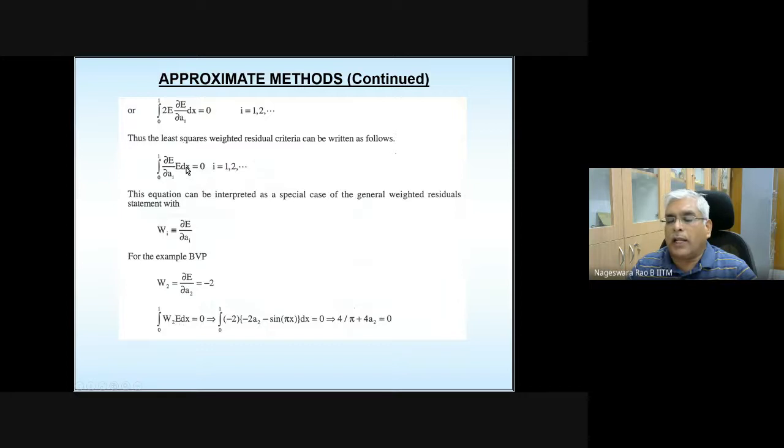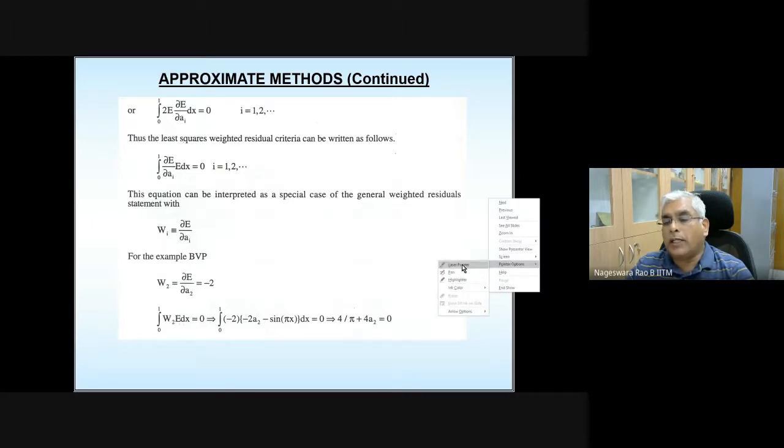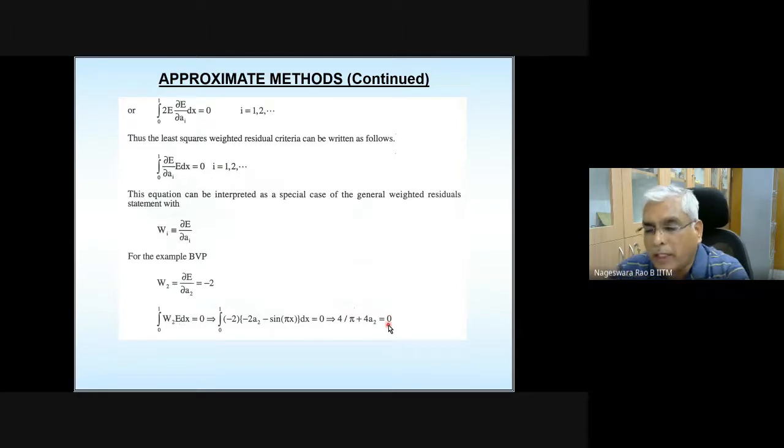So once you get error function, in the error function, you are going to have unknown coefficients. As many number of coefficients as you have, you take derivatives, and you are going to get so many equations here, and then simplify this integral. And here finally, depending on the number of coefficients that need to be determined, you are going to get so many equations.